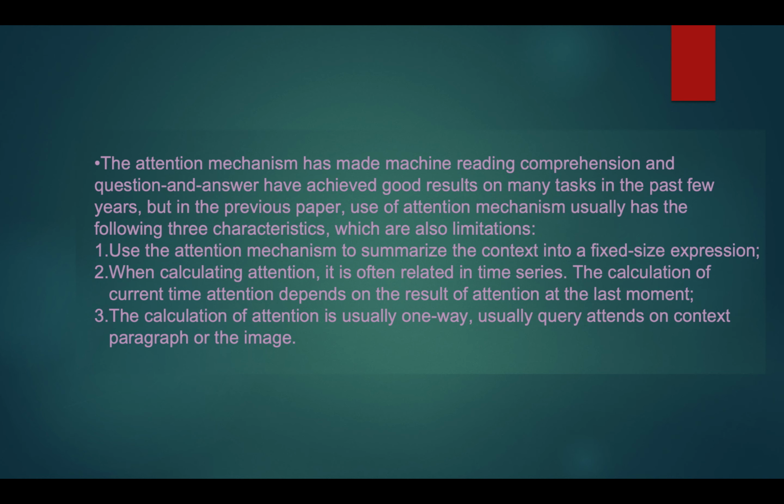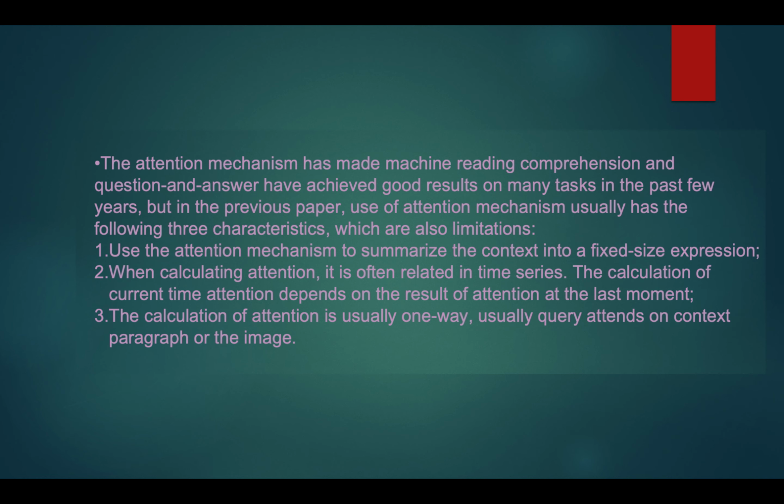The attention mechanism has made machine reading comprehension and question answering achieve good results in many tasks in the past few years, but in previous papers, the use of attention in machine comprehension has the following main characteristics. The first is using the attention mechanism to summarize the context into a fixed size expression.